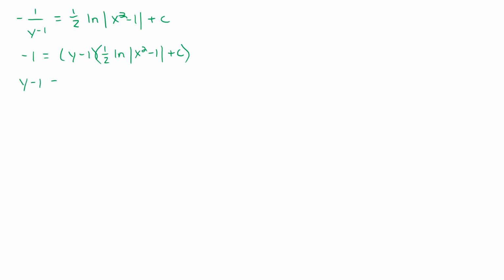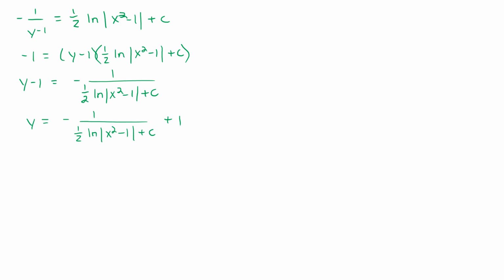So y minus 1 would then be negative 1 over 1/2 natural log x squared minus 1 plus c. And then I would still have the negative in front. Good. So now I can add 1 on both sides. So 1/2 natural log x squared minus 1 plus c, plus 1.